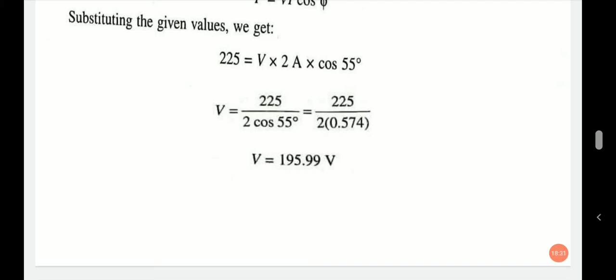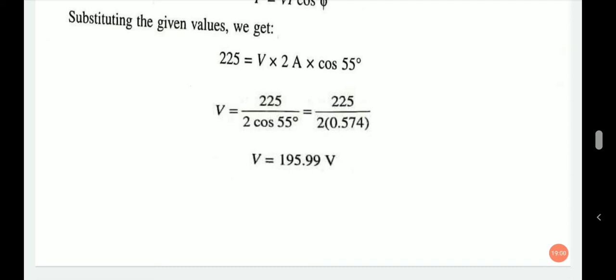We have seen the range of the instrument for which dM by d theta is constant, and the scale will be uniform. Here theta is the deflection and M is the mutual inductance. So we have seen the variation of inductance with respect to the deflection, that is theta, and we have seen some numericals here.